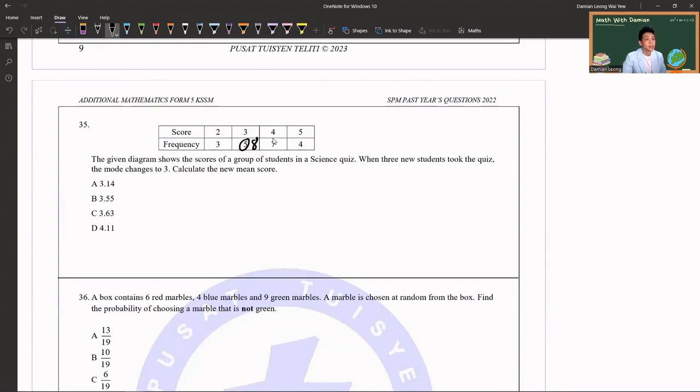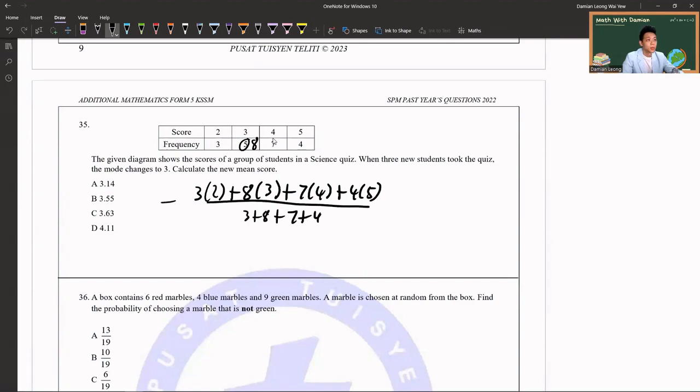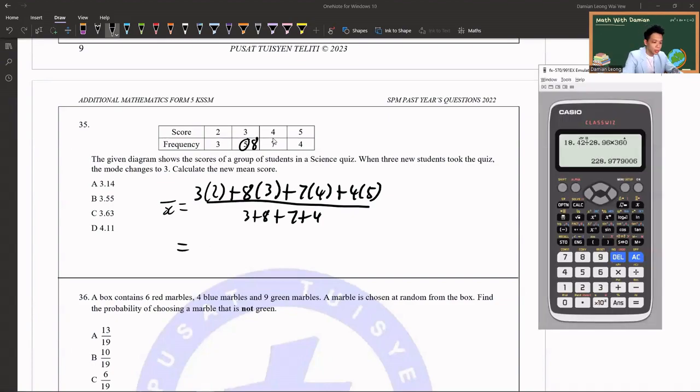So in other words, this becomes 8. Then I calculate the mean: each frequency times score added together, over the total frequency, 3 plus 8 plus 7 plus 4. The mean formula is also given in the formula sheet.